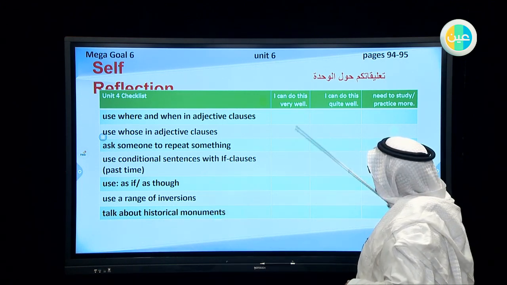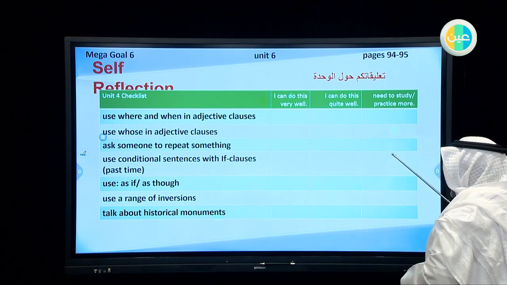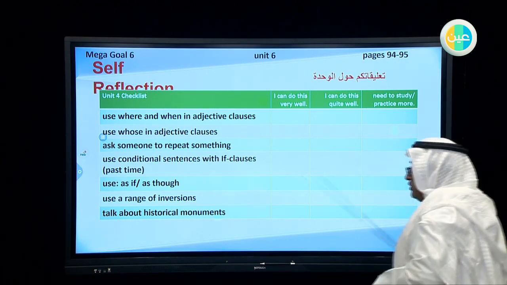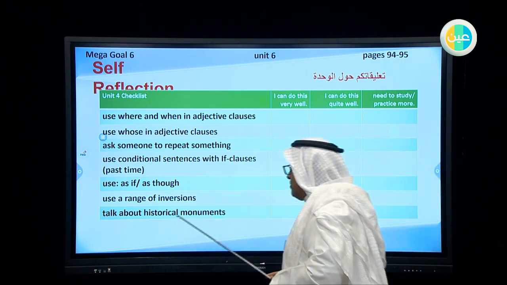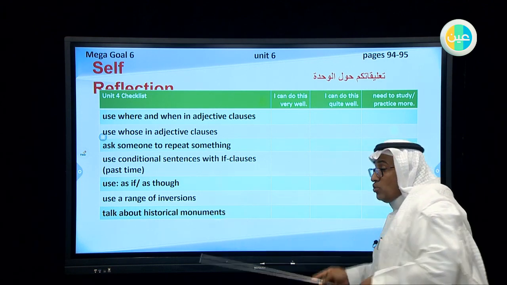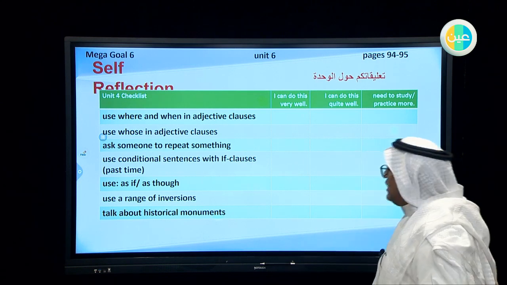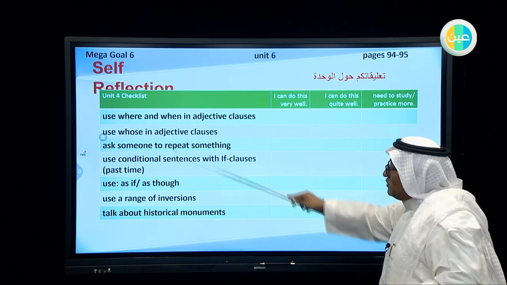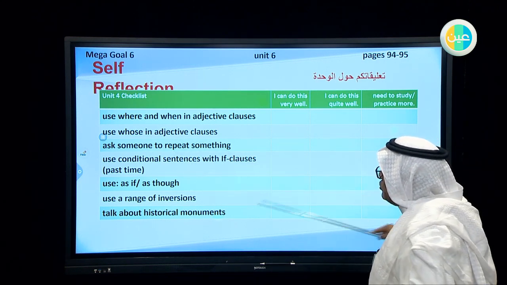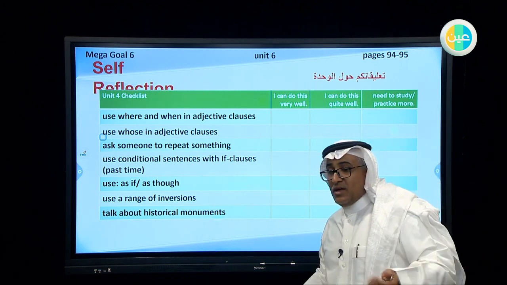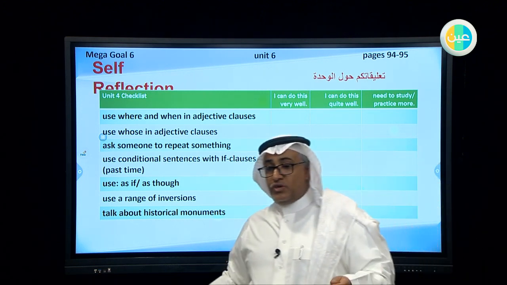Okay? And just check here whether you can manage them, whether you can use them or not. Talk about historical monuments in your project or your poster. Okay, guys, this will help you. This chart will help you to cover all the contents of the unit.